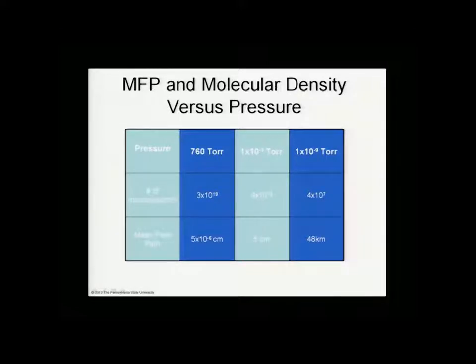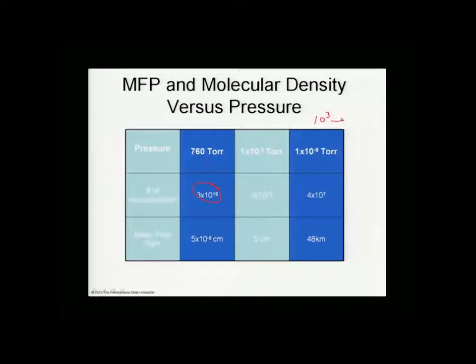The number of molecules per cubic centimeter, this number 10 to the 19, is a good number to remember. That's number per cubic centimeter. If you lower the pressure, then this is lowered by what? It goes from 10 to the 3, that's atmospheric, to 10 to the minus 3. This is why I like to use 10 to the 3, it's easy for me to look at.